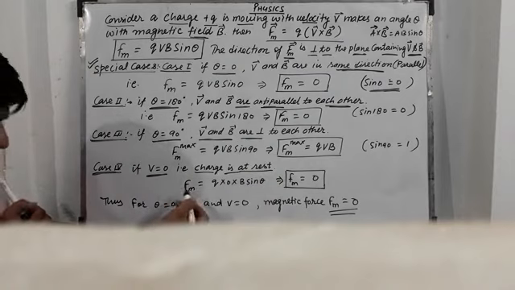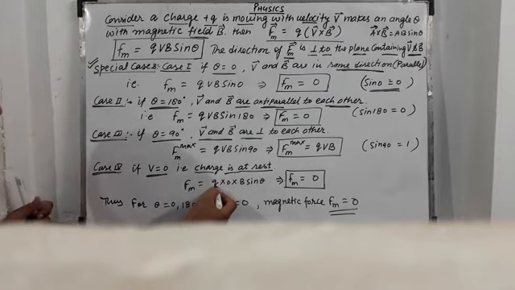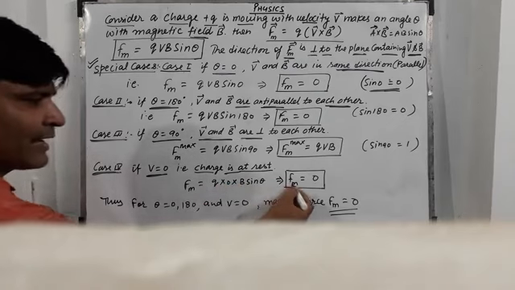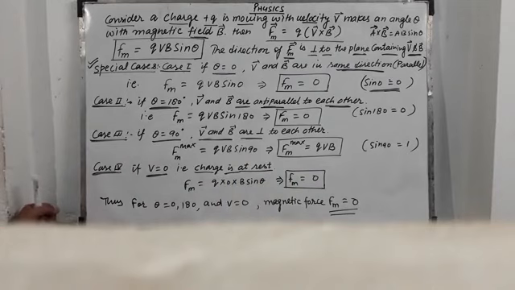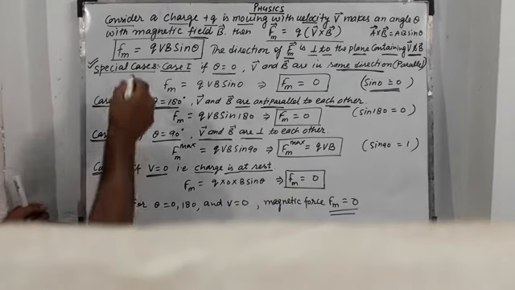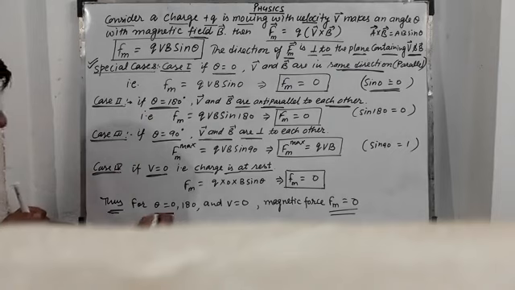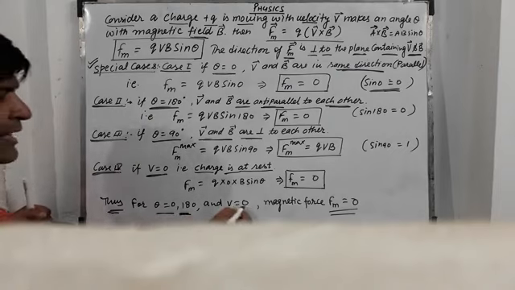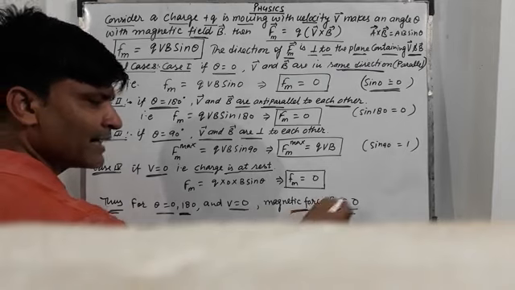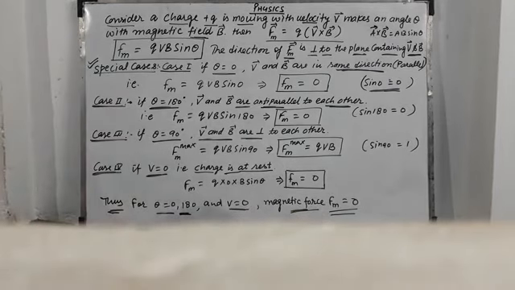Then Fm, the magnetic force, is equal to q into 0 into B sin theta, and this represents Fm is equal to 0. Thus from all these, for theta equal to 0, 180 and v equal to 0, the magnetic force is 0. It means when the charge is moving parallel or anti-parallel or is not moving, the magnetic force is 0.